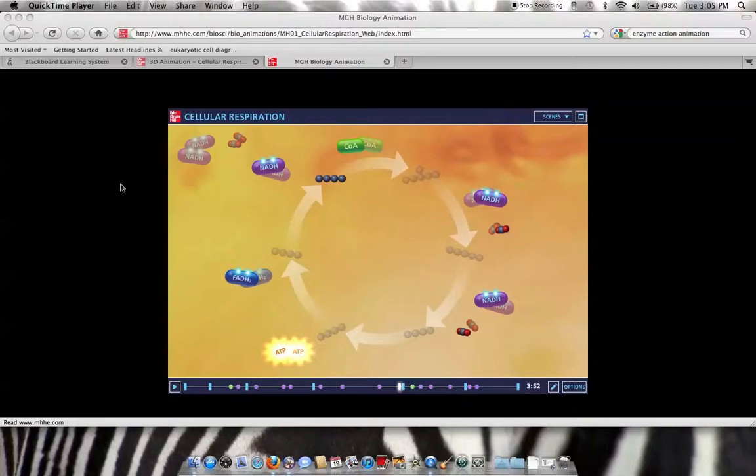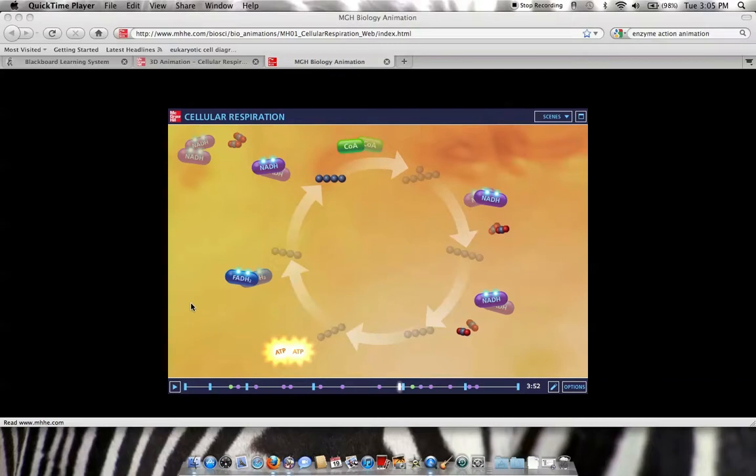Hello everyone. We're going to finish up our cellular respiration mini lecture with the final reaction that occurs in cellular respiration. Remember, we are trying to determine which of these three reactions provides the cells with the most ATP.